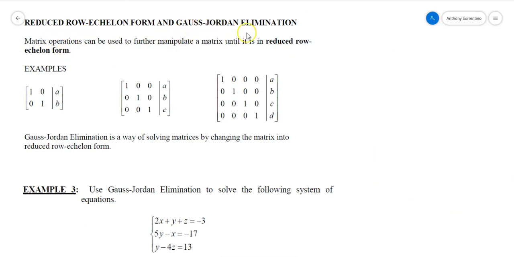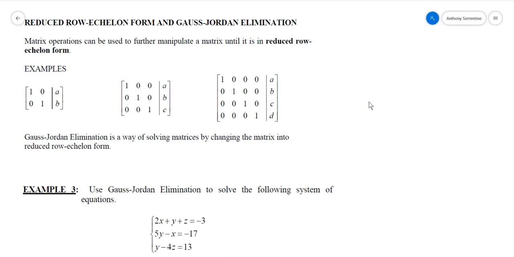When I do Gauss-Jordan elimination, I perform the exact same type of things as I did in the previous problems. The only thing that's different is that instead of stopping with just having zeros underneath these diagonals, I also have zeros on the top of those diagonals.